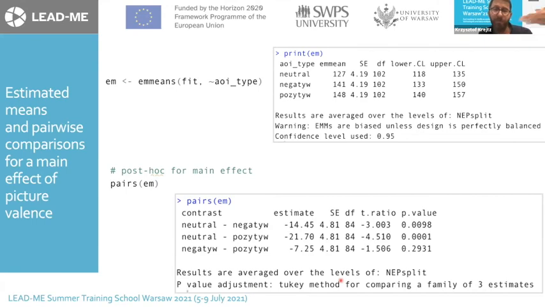The more comparisons you do, the more tests you do, the more probable it is that you will get a significant result by chance. So it takes that into account, and we say in the paper that we did the pairwise comparisons with Tukey method correction for comparing the means, and we are more certain about these results.